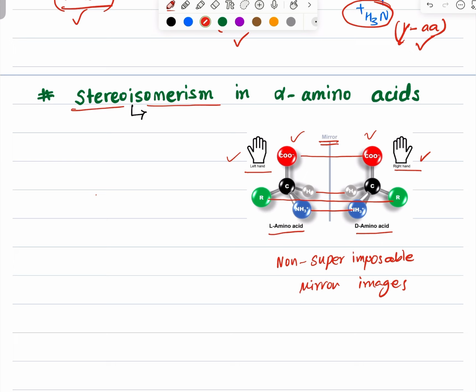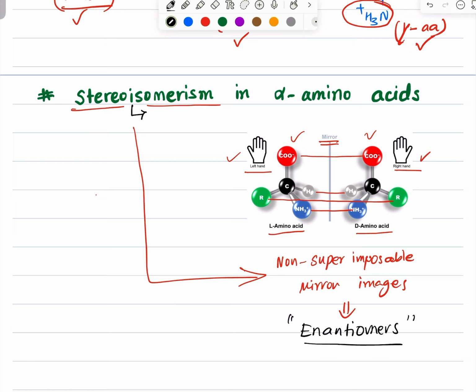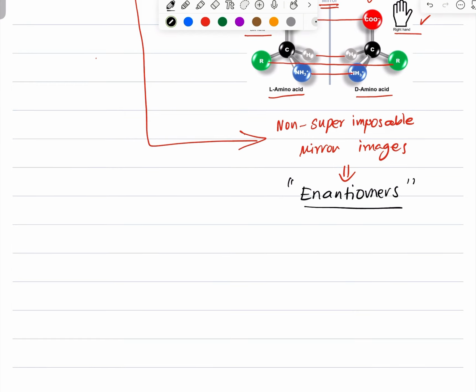As we see, they are a type of isomer which has non-superimposable mirror images, and we call that by a different term, which is enantiomers. Most amino acids have two non-superimposable mirror images and are enantiomers, but there is an exception, and the exception is glycine.